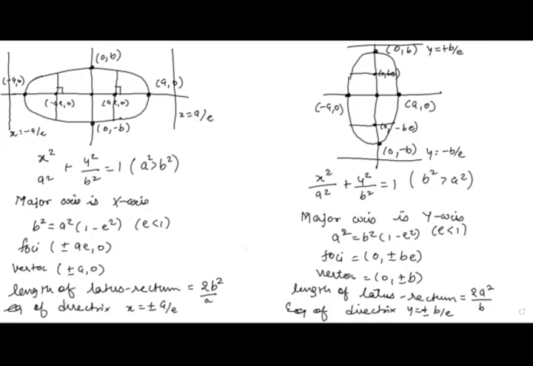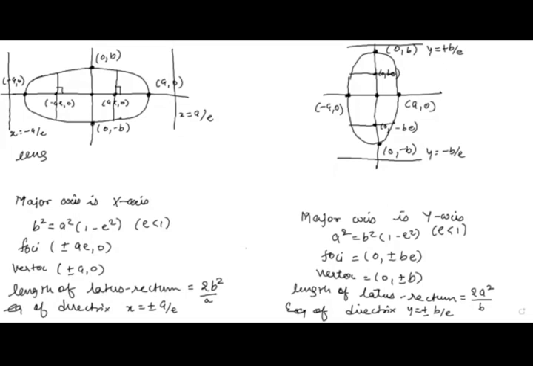So I am just rubbing this equation, that is the standard equation of ellipse, and I will write two formulas pertaining to the length of major axis. See, length of major axis is the distance between these two vertices, that is from A to A dash, and here this is your center of ellipse, which is origin. We can see that the distance from origin to vertex A is also a, and from the origin to A dash is also a.